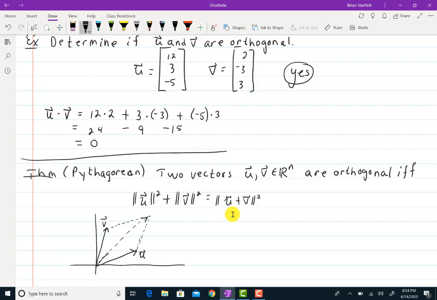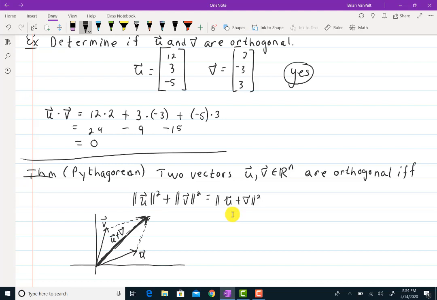See if I can make it so it doesn't mess up too much. So this is u plus v.